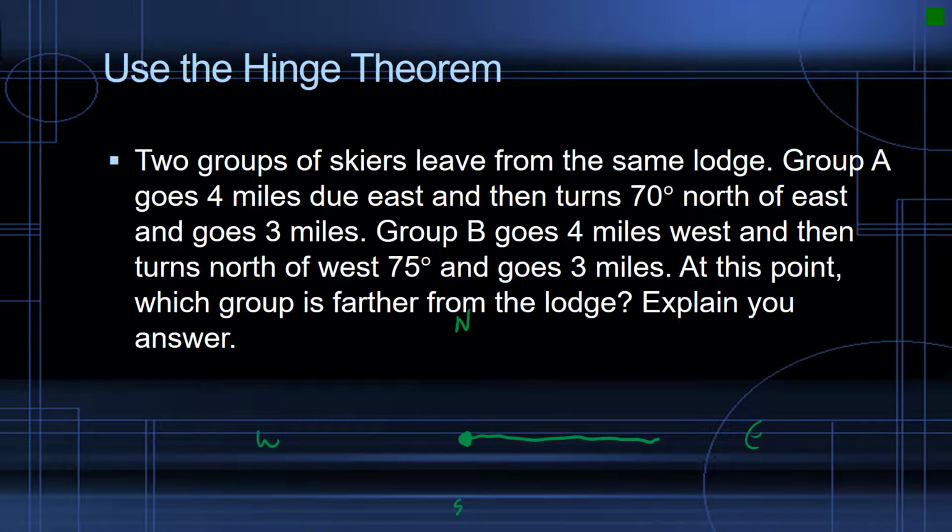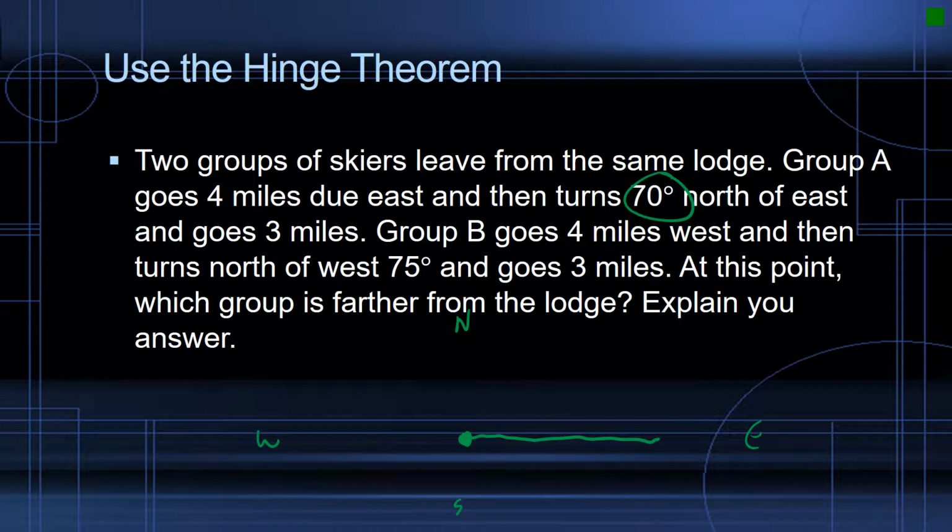And then they turn 70 degrees north of east. This is where you got to be careful. In fact, I'll confess to you that when I first did this problem myself, I got it wrong because I made the mistake of thinking that this 70 degrees was an interior angle. I did not read this properly.